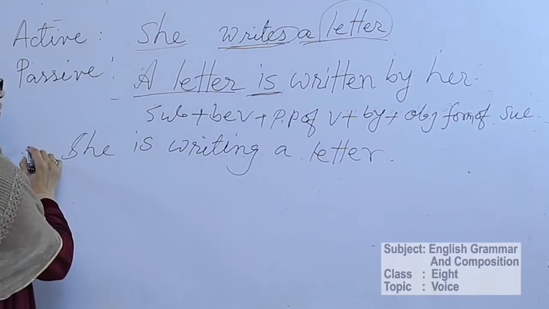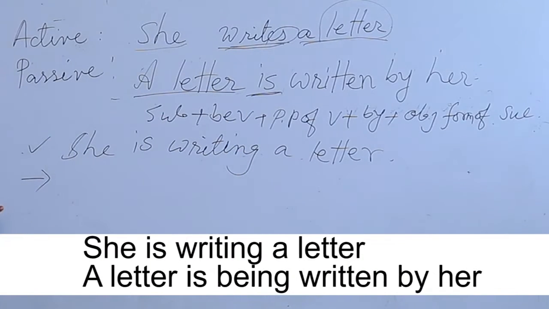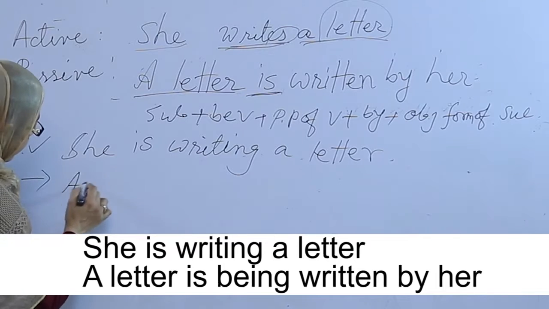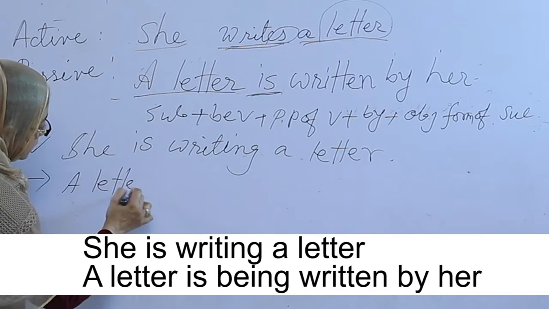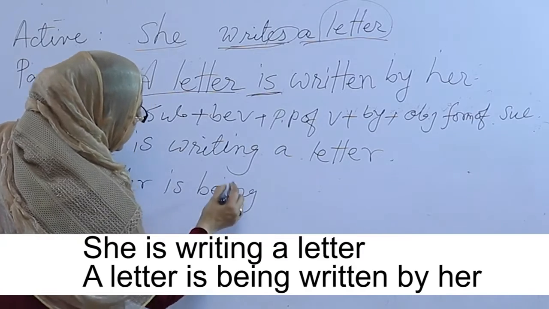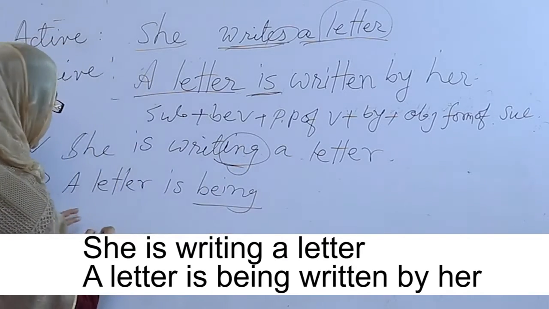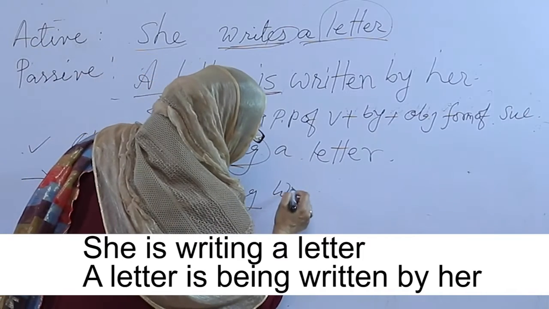This is the present continuous sentence. How can I turn it into passive? A letter is being written by her. We use being because it is a continuous form.